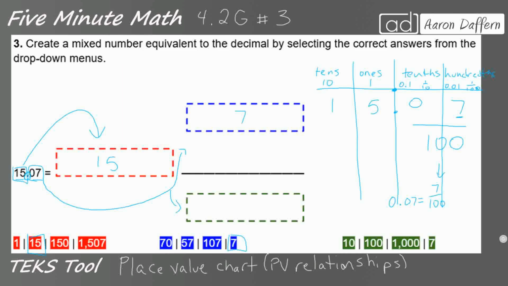That's going to be my numerator. And then for my denominator, I need to make sure that I'm picking not the tenths, but the hundredths. That is my denominator. So I can say 15.07 is the same as 15 and 7 hundredths. And you would actually read them both the exact same way, 15 and 7 hundredths.